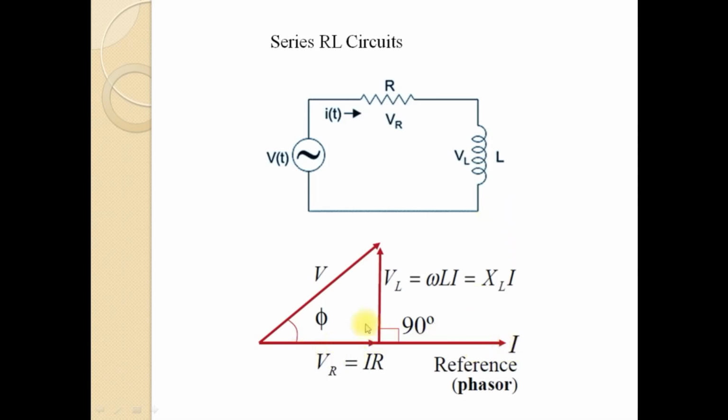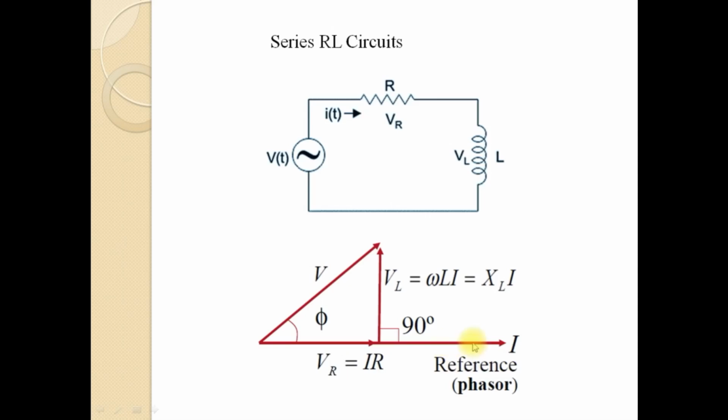But now the RMS value of the drop across the inductor is given by the RMS value of the current into the inductive reactance XL. And you can see that the voltage across the inductor will be leading with respect to the current through the inductor by an angle of 90 degrees.